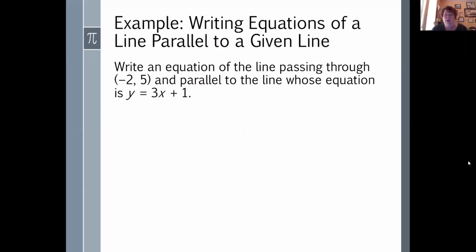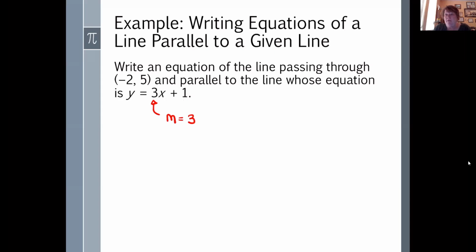So the line that we are looking for is parallel to the line that is given, so it will have the same slope as the line that we are given. The slope of the line that we are given is 3. Slope will be the number that you're multiplying times your variable x. So our slope is 3.